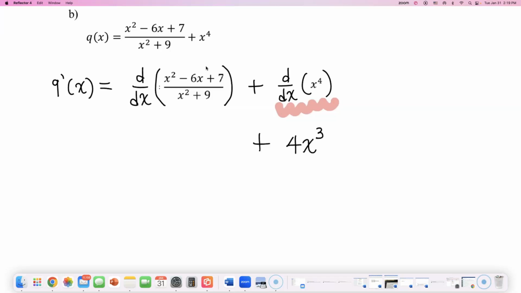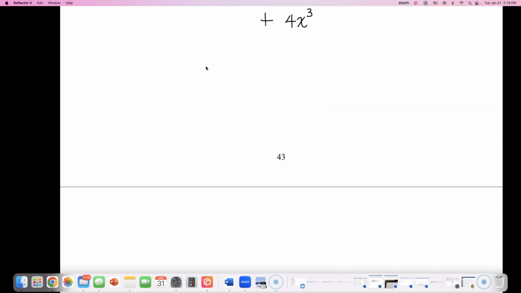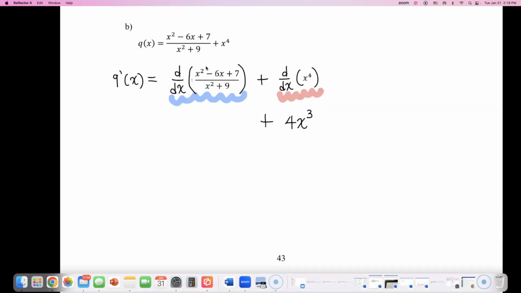But we're gonna spend our time finding this blue part, and that we have to use the quotient rule. Once we find what that answer is, we're gonna put it right there, okay? So I may do that maybe on a separate sheet of paper, and my goal is to find the derivative of this fraction expression, okay?